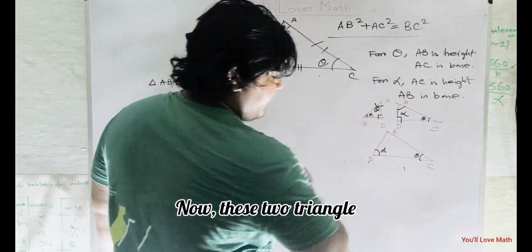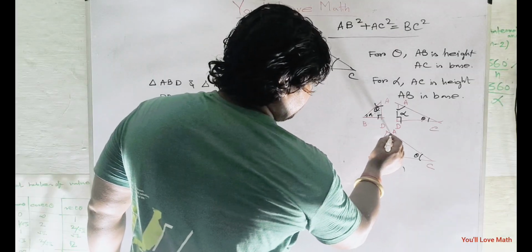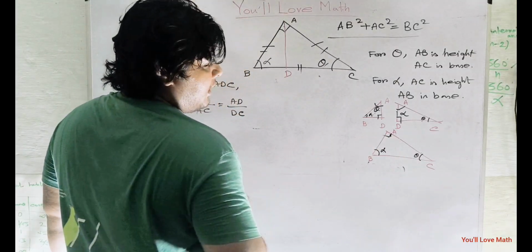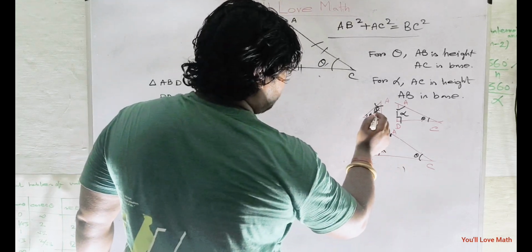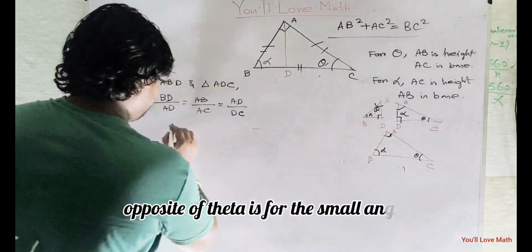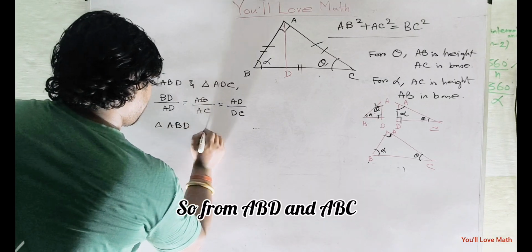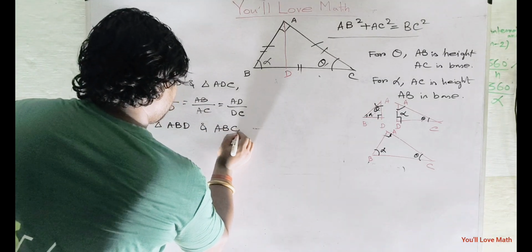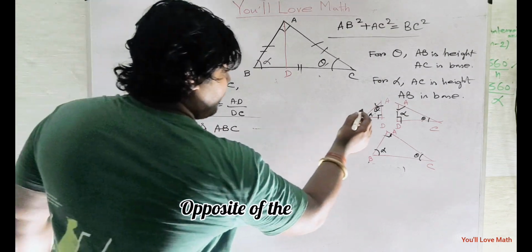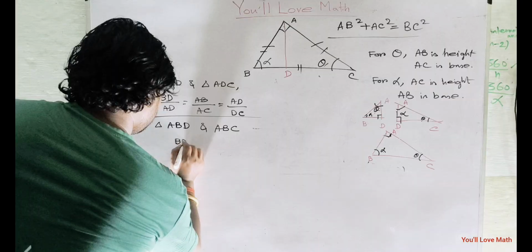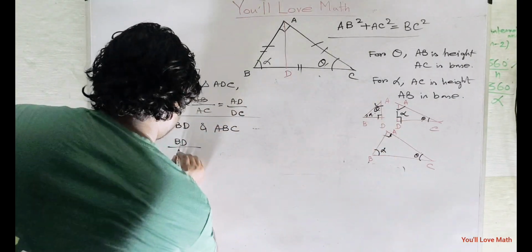Now in these two triangles, ABD and ABC, we have 90, 90, alpha, alpha, theta, theta. Opposite of theta is BD, opposite of theta is AB.